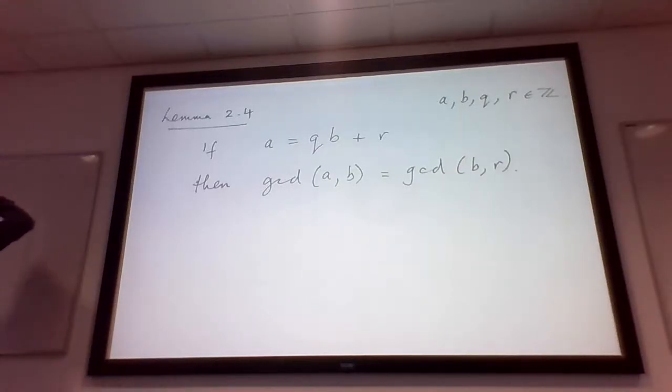This is the real key to the Euclidean algorithm and the key to the solution of the problem of finding greatest common divisors of arbitrary pairs.